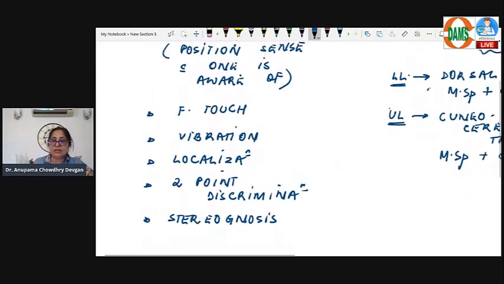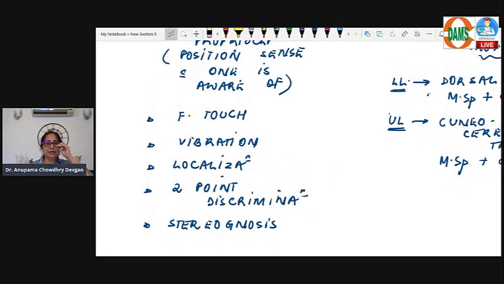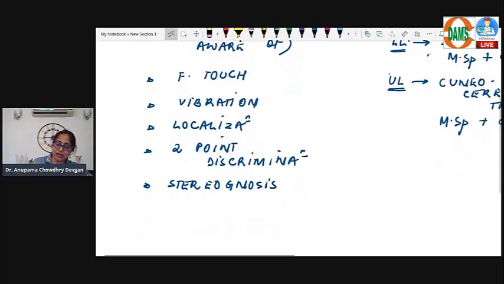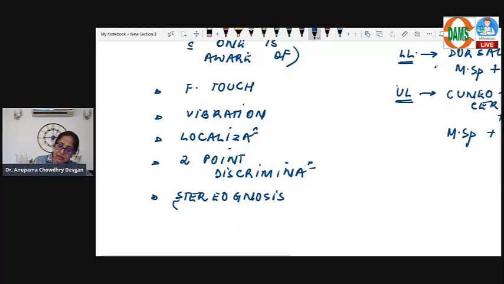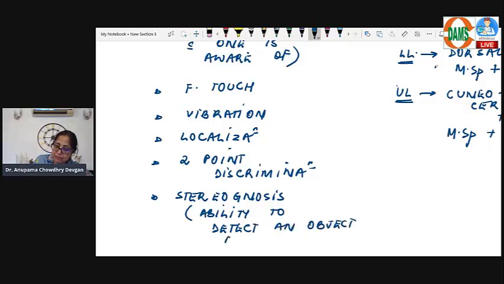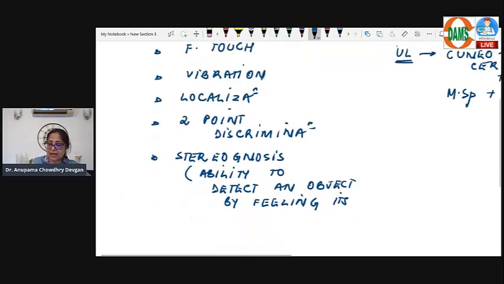What is stereognosis? Stereognosis is the ability to detect an object by feeling its size and shape. If you remember, how did we test for stereognosis in a patient?